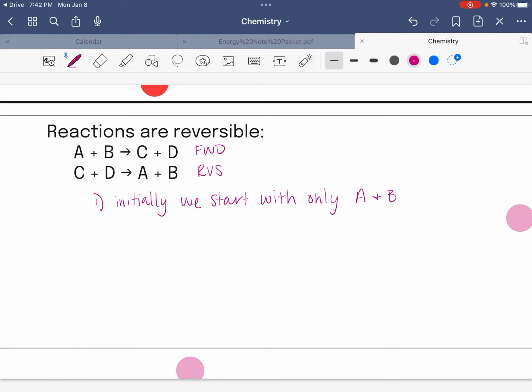There are no products being made, so only the forward reaction can occur. But as some of these reactants become products, the products are going to build up. So over time, as the reaction continues, C and D build up.